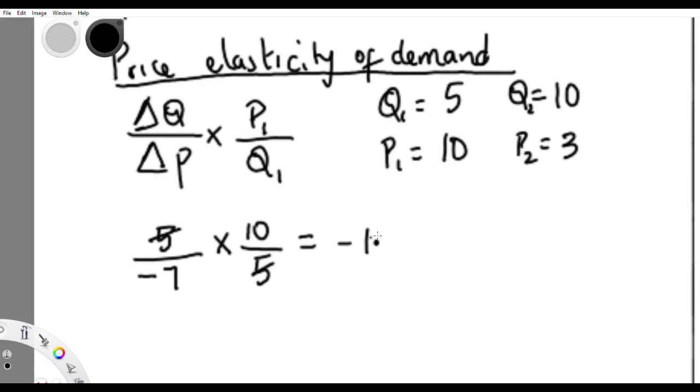Maybe let me keep it in fraction form: minus 1 whole number 3 over 7. I'm not with a calculator here, if not, I would have kept it in decimal. So that's price elasticity of demand.